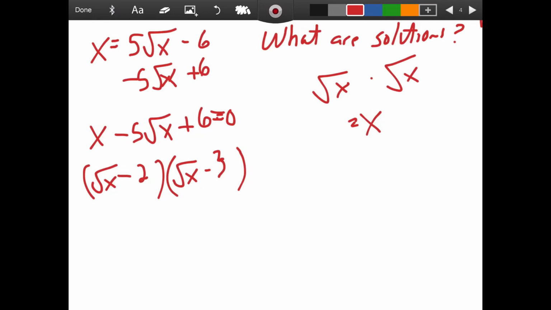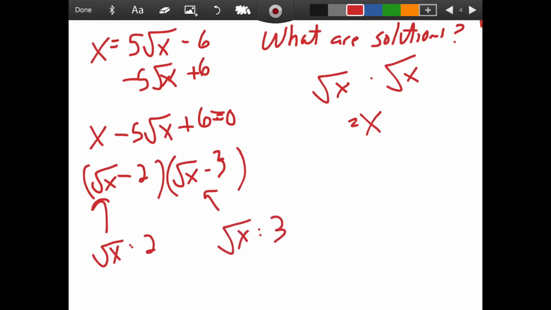Now, just like any other quadratic, the solutions are where we get that zero term. So on this side, we want rad x to be equal to 2. And on this side, we want rad x to be equal to 3.